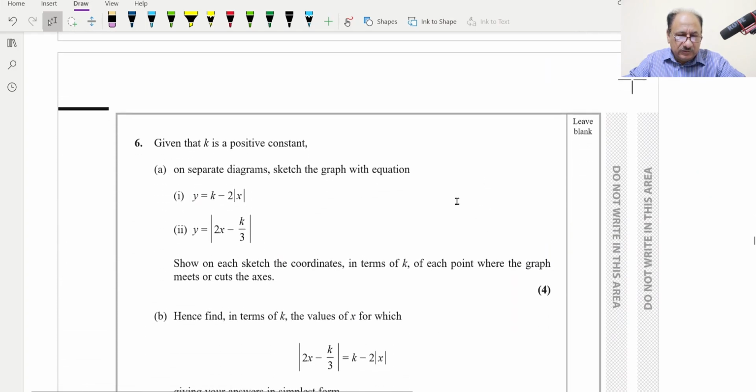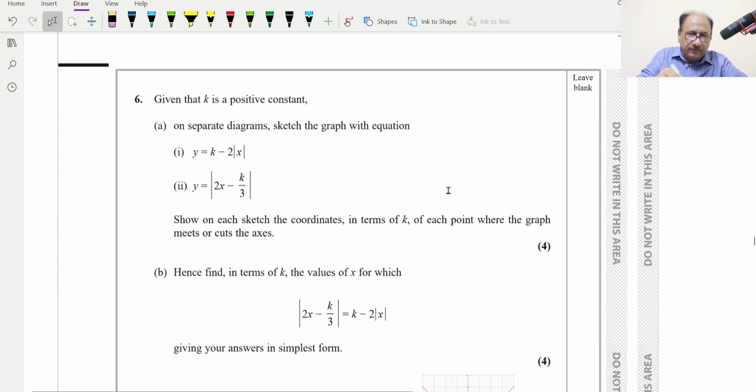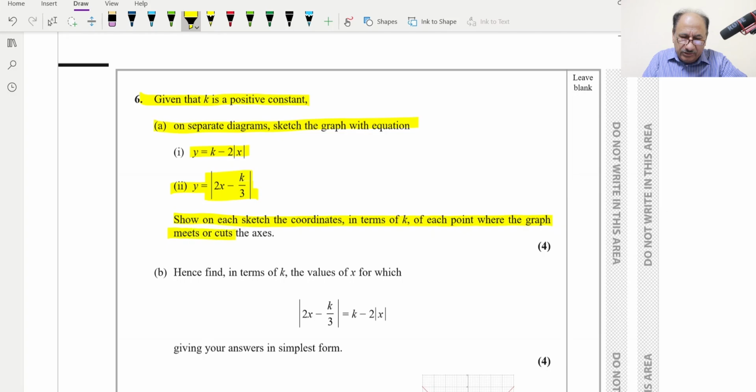Question number 6 says, given that k is a positive constant, on separate drawings, sketch the graph with this equation and this one. So we have to sketch these separately. Show on each sketch the coordinates in terms of k for each point where the graph meets or cuts the axis. So we have to show that one also.